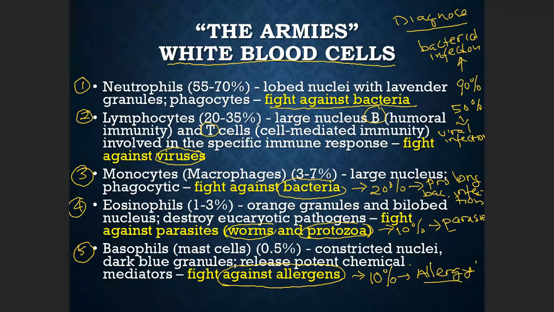So people that have allergy usually have increased basophil concentrations in their blood during the allergy season. Okay, so these are the main army that fight against infection or disease present in our body.